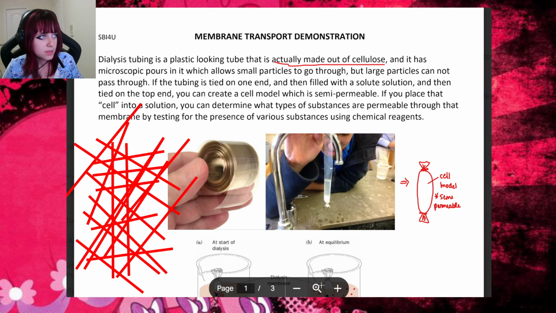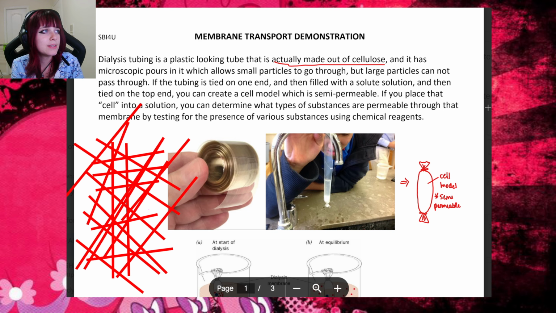So, if the tubing is tied on one end and then filled with a solute solution, and then tied on the top end, you can create a cell model which is semi-permeable. If you place that cell into a solution, you can determine what types of substances are permeable through that membrane by testing for the presence of various substances using chemical reagents.